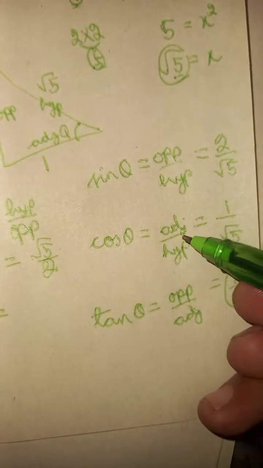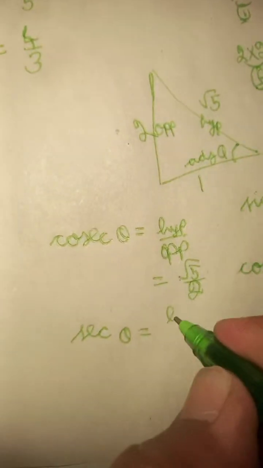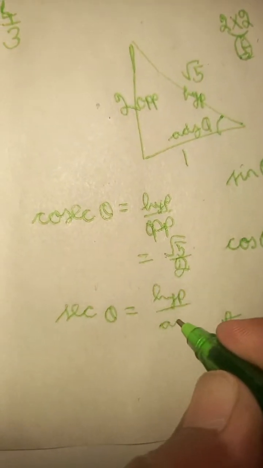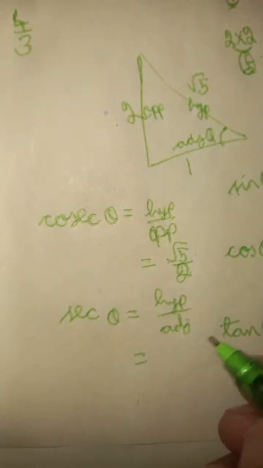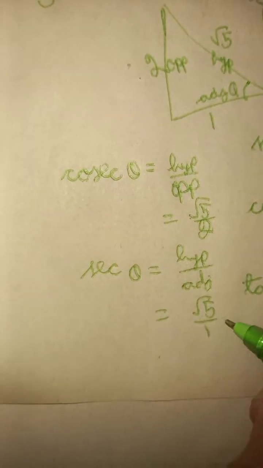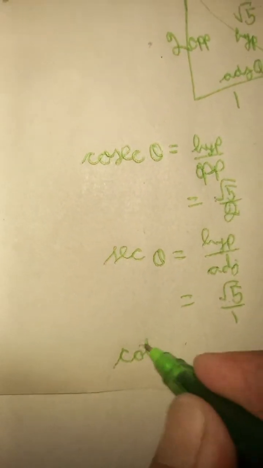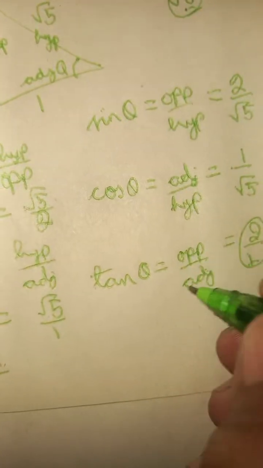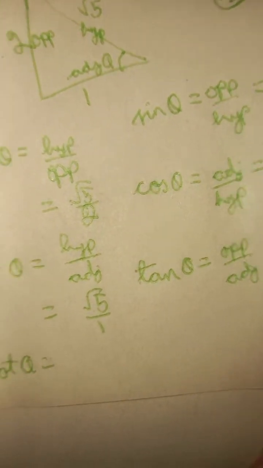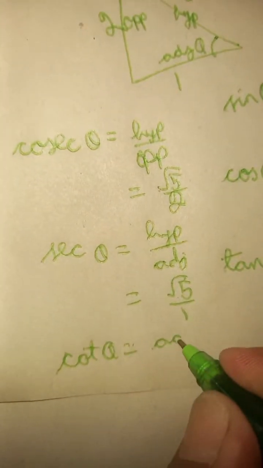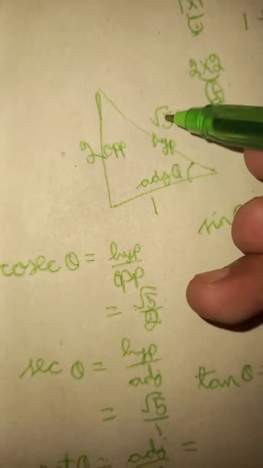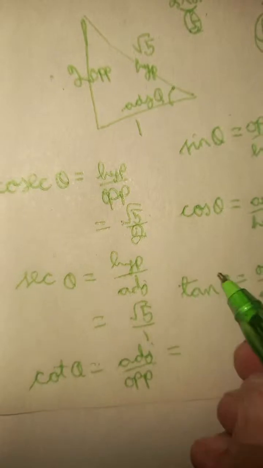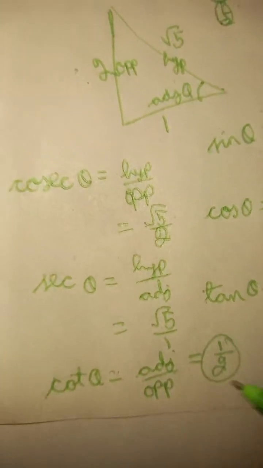It is adjacent by hypotenuse, so it becomes hypotenuse by adjacent, root 5 by 1. And at last cot theta, the reciprocal of tan theta. It is opposite by adjacent, so it becomes adjacent by opposite, which is 1 by 2, half. That is the actual value.